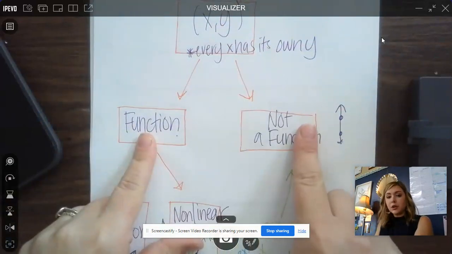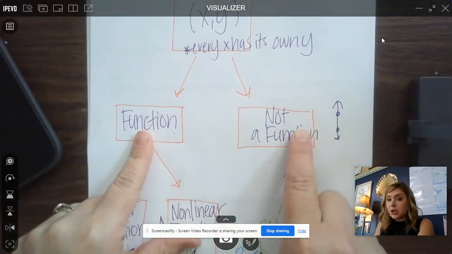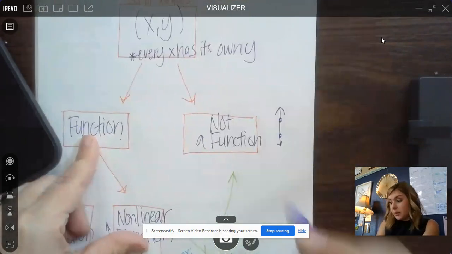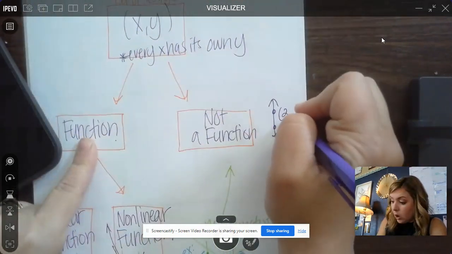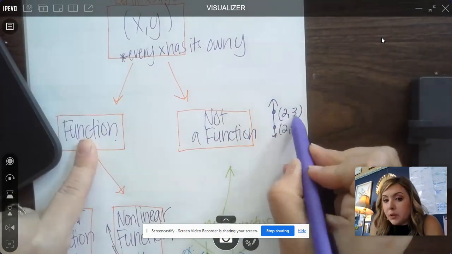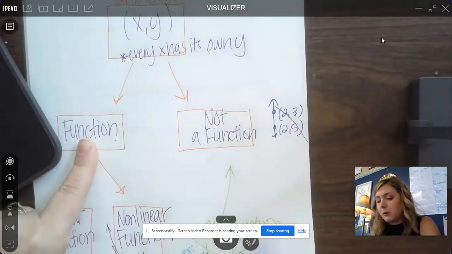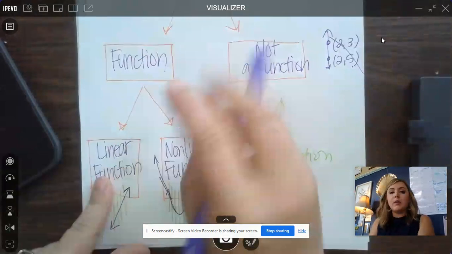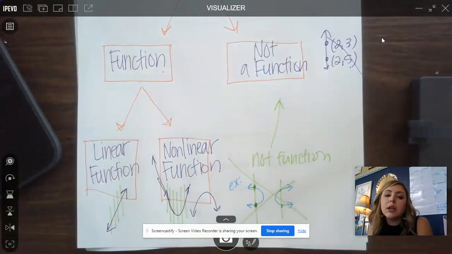If it's not a function, that's because it has a line that goes straight up and down, or you found that it has an ordered pair that has an input that repeats, like the input of 2 has repeating outputs, therefore it's not a function, right? If it is a function, we then went into linear or nonlinear.